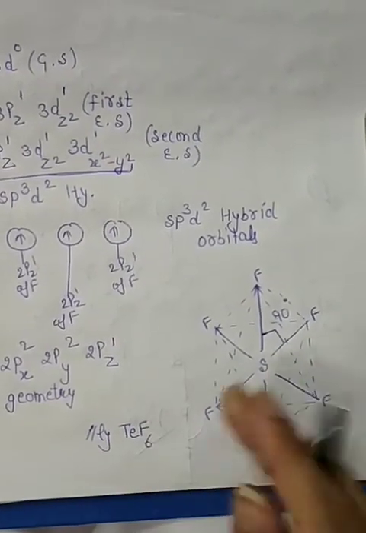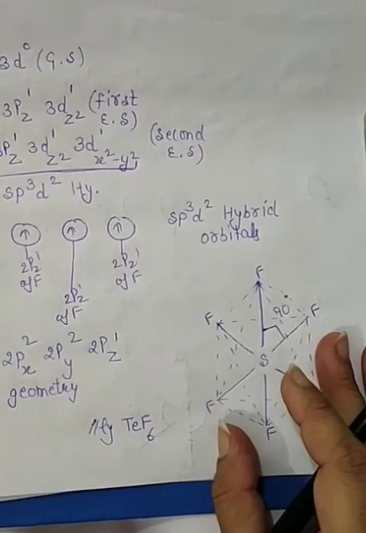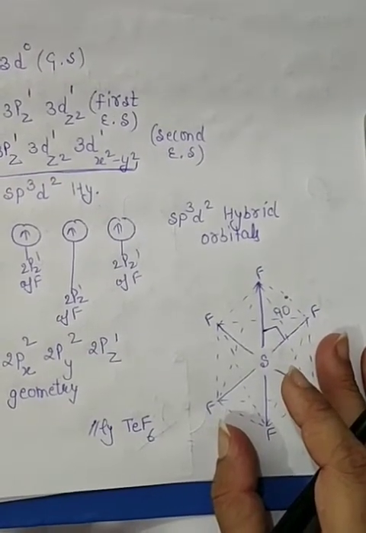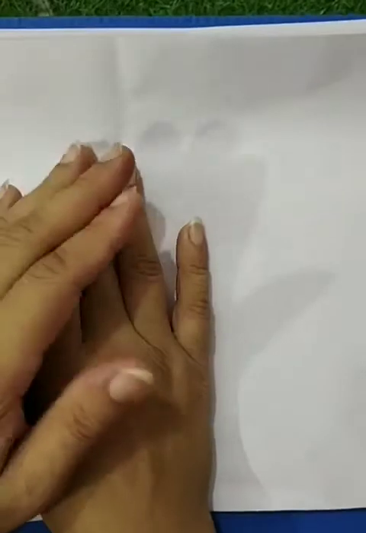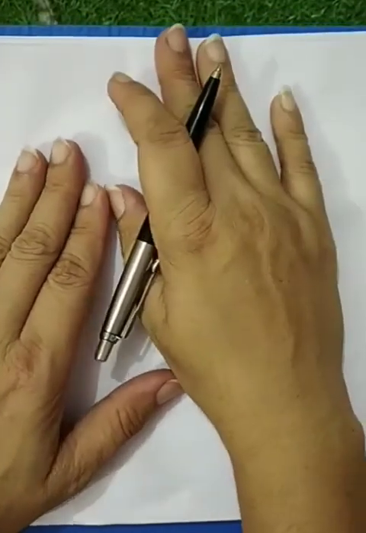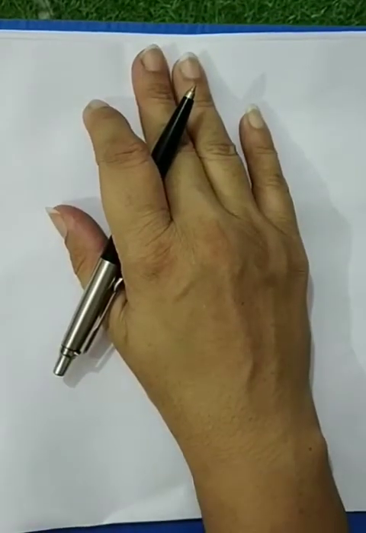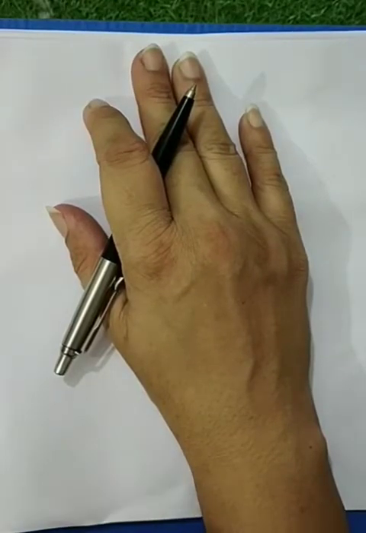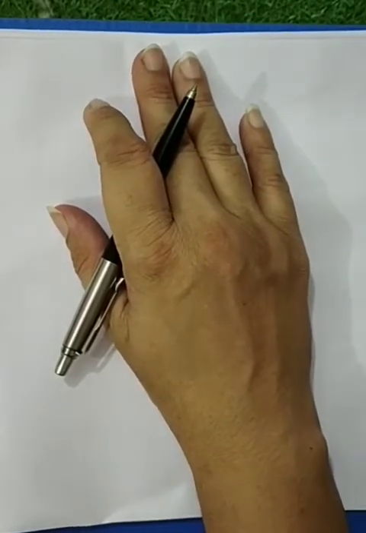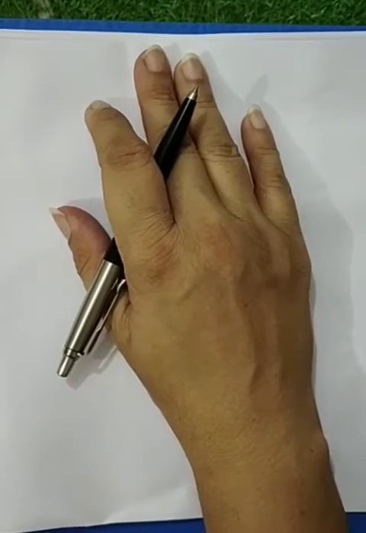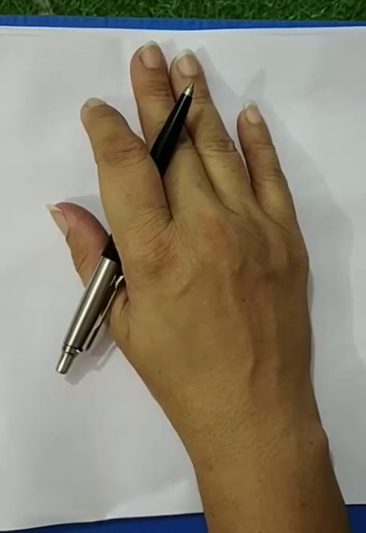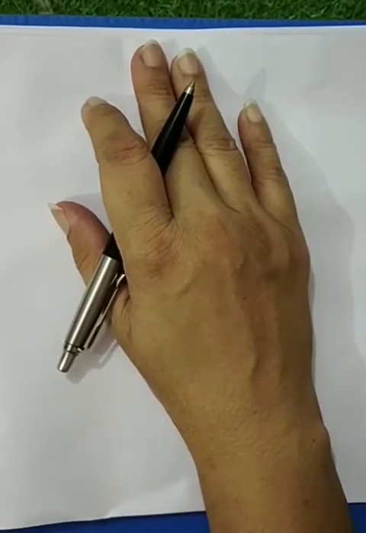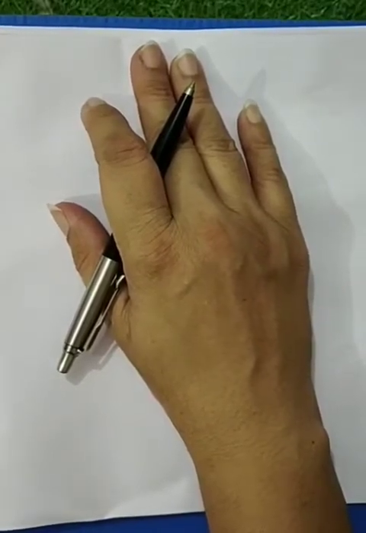Here it also has octahedral geometry as tellurium is present in the same group as sulfur. So with these examples we concluded that we make the required number of half-filled atomic orbitals as the number of monovalent atoms present in the molecule.